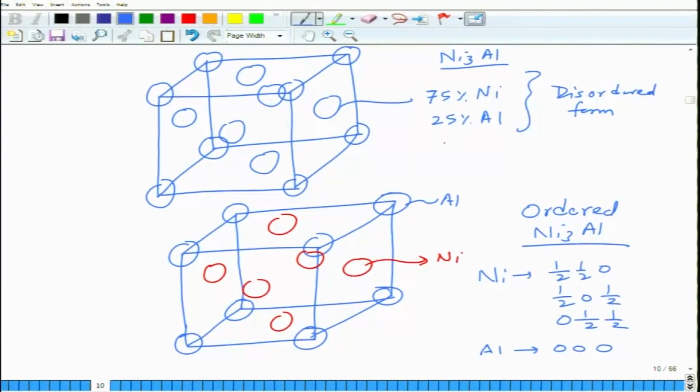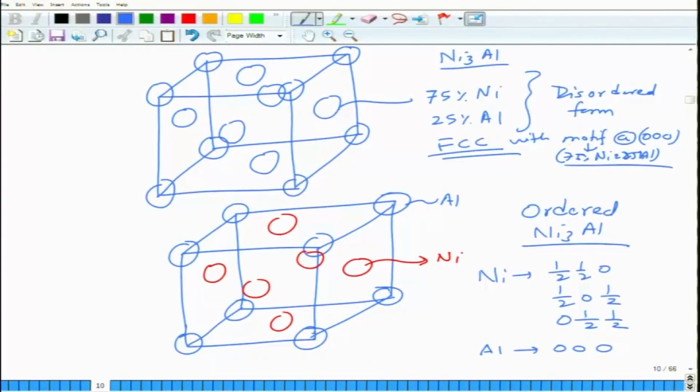The disordered one is an FCC lattice with a motif at 0 0 0, and this motif is basically 75% nickel and 25% aluminum.